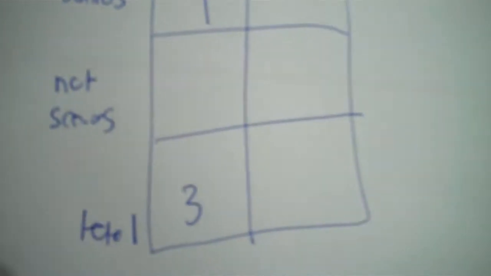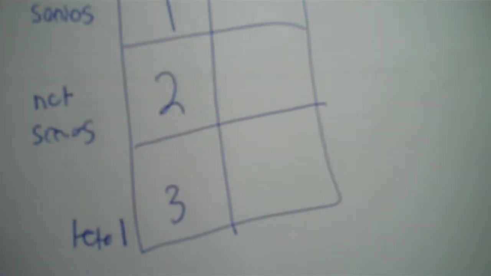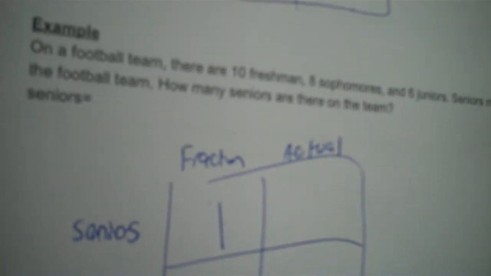So, seniors, that defines the fractions, not seniors, and then the total. Okay, so 1/3, 3 is your total on a fraction, okay? 1 is your seniors, so to fill this in, 1 plus this has to be 3, okay? So it'd probably be 2. 2/3 would be not seniors.